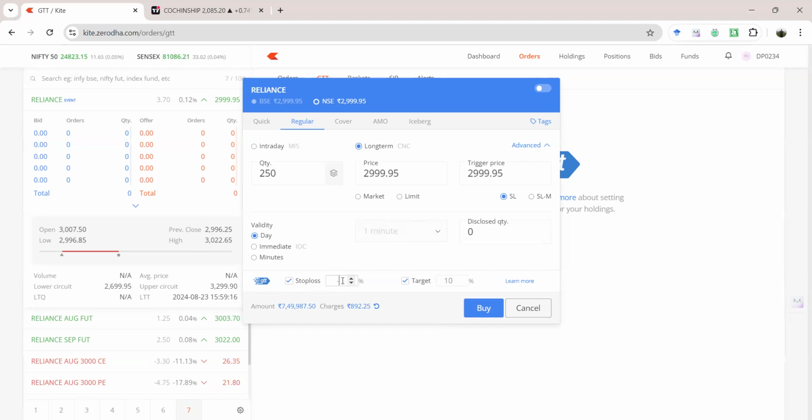Like suppose minus 10.11%. You can enter order like this also. Okay, support level and resistance level. Yes, so at a time you can place GTT stop loss, GTT target, and you can buy. This is possible.